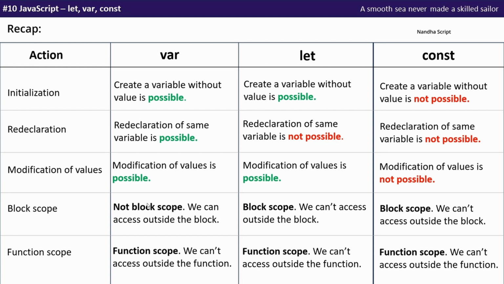After that, function scope means nothing but just a function. If you write code inside the function, JavaScript understands it is specific to that function only. This is common to all: var, let and const all work like this. So we can't use the values inside the function scope outside of the function. I hope you understand this concept.